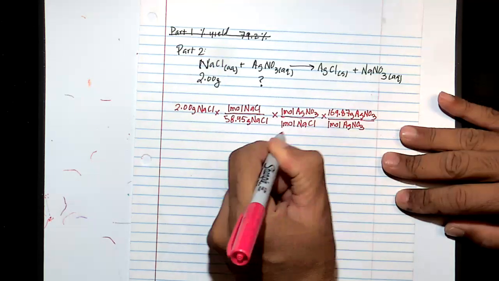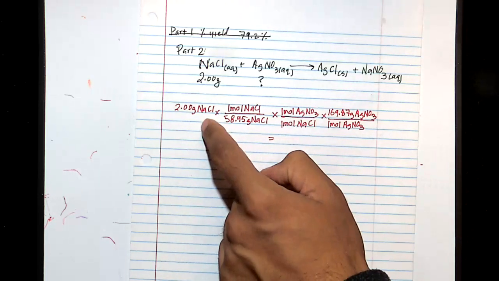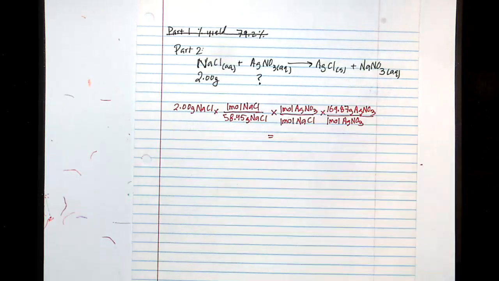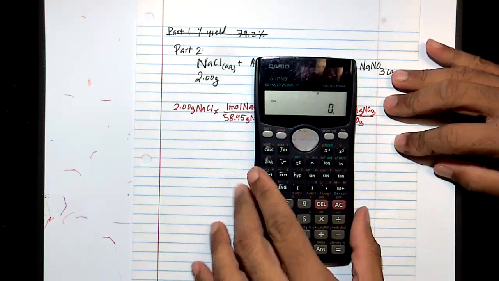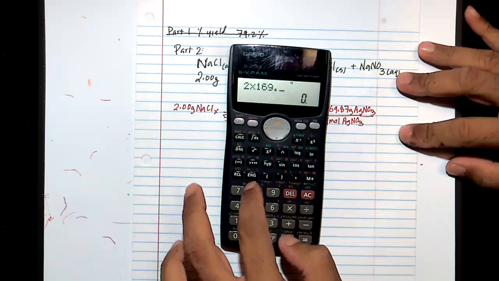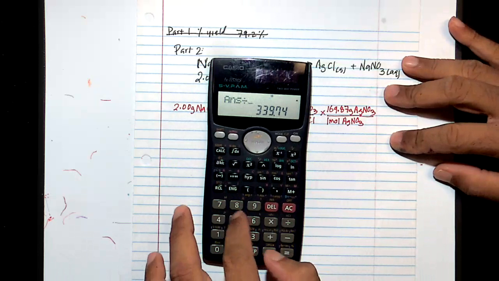Okay, so this is stoichiometry, and this tells you how many grams of AgNO3 will react completely if you start out with 2 grams of NaCl. So 2 times 169.87 divided by 58.45.